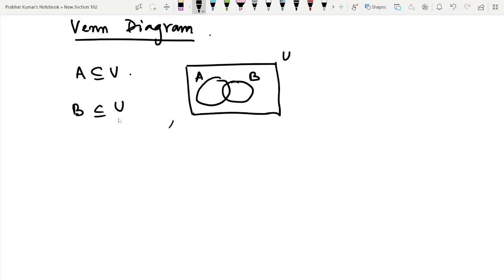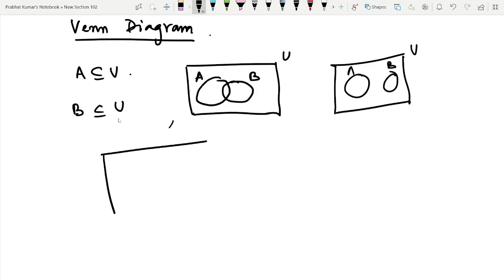This is the way you can represent it. But here it's not specified what A and B are in particular. They may have some elements in common, or it may be that these two are different. That will depend on the exact question. Now suppose x is an element in A, so x belongs to A. Suppose this is A and this is x.